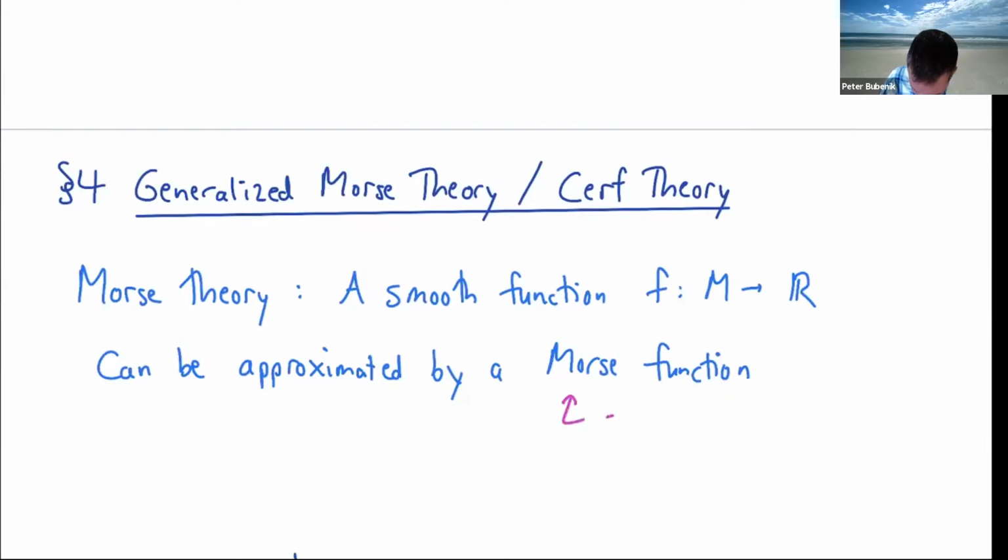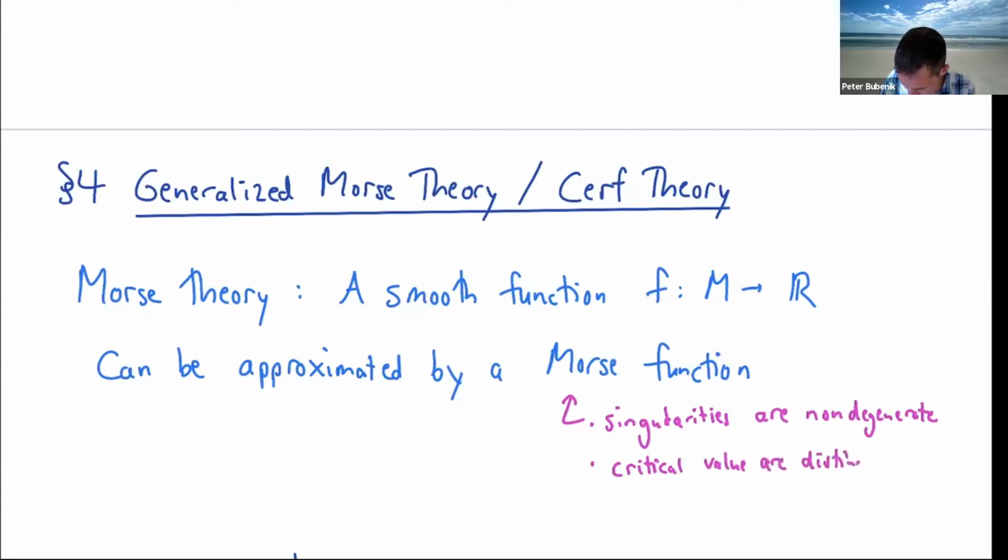This is a smooth function, all of whose singularities, so places where the gradient vanishes, are non-degenerate, meaning that the Hessian, the matrix of second order partial derivatives, has full rank. And there's an additional condition that we can add here, which is that the critical values are distinct. So no pair of distinct critical points shares a critical value.